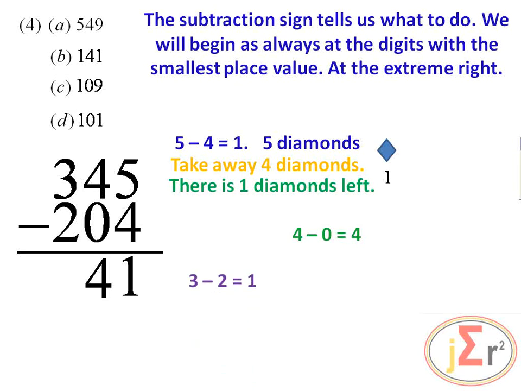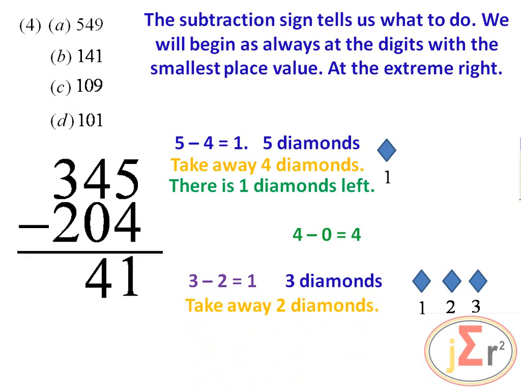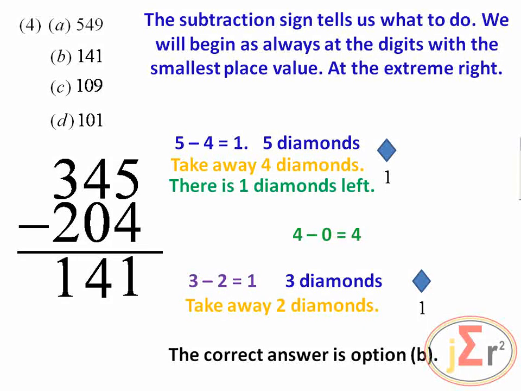Okay, good. So 3 minus 2 is equal to 1. 3 diamonds, and we are taking away 2 diamonds. And how many diamonds do we have left? 1. The correct answer is option B.